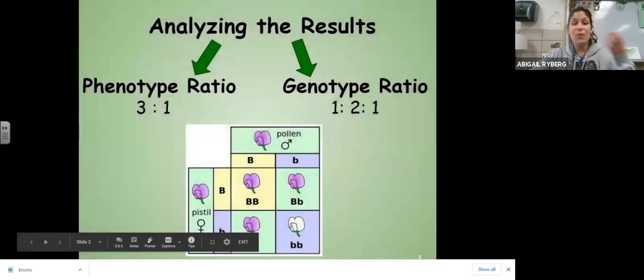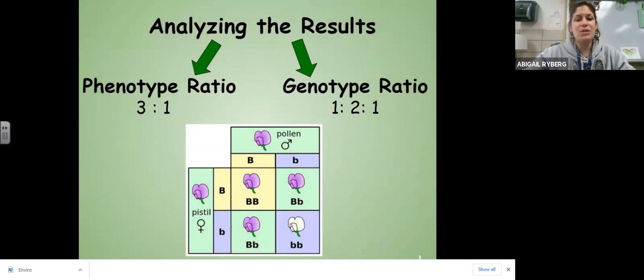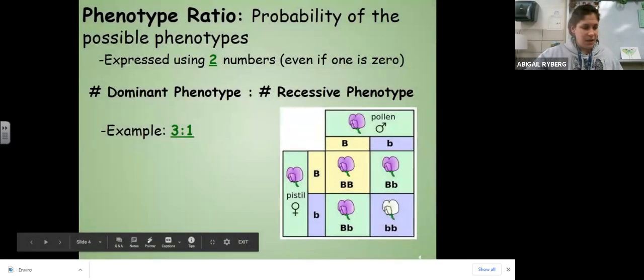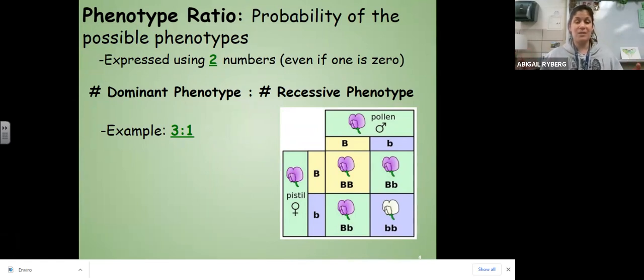To take it a step further, you may be asked to show the ratio, so the phenotype or the genotype ratio. If we start with the phenotype ratio, it is just the probability of all the possible phenotypes. There's only ever 2 possibilities, so it's always expressed with 2 numbers.